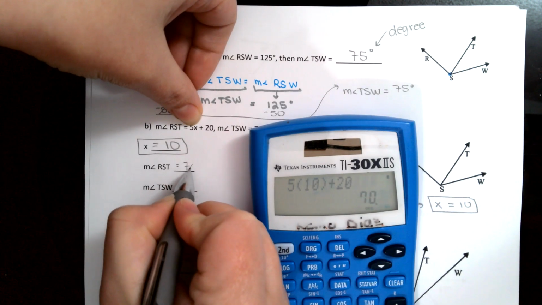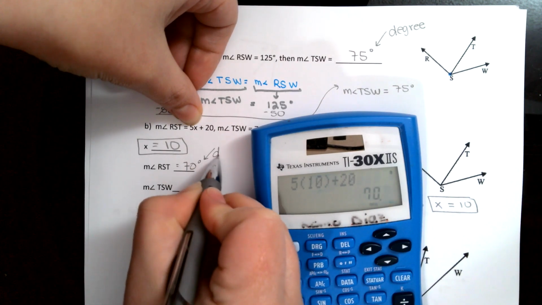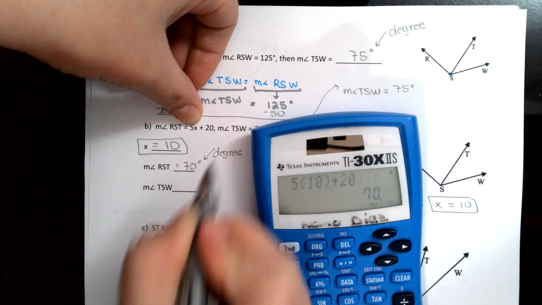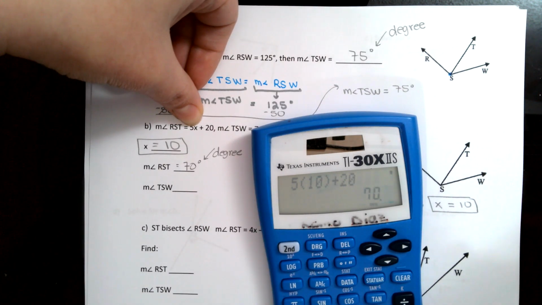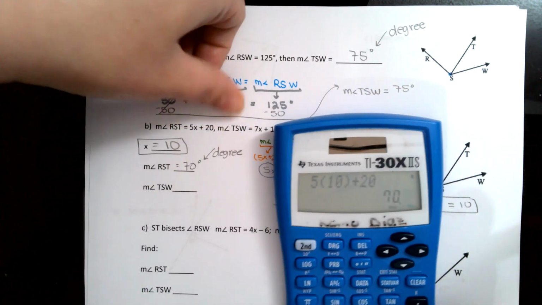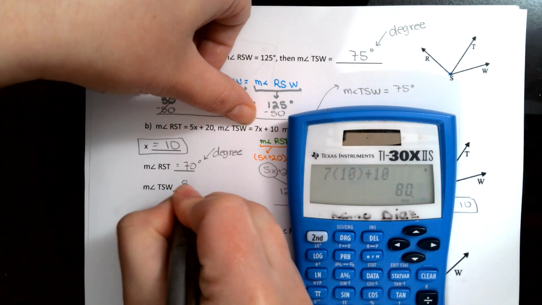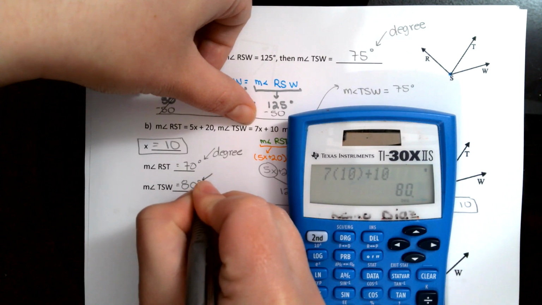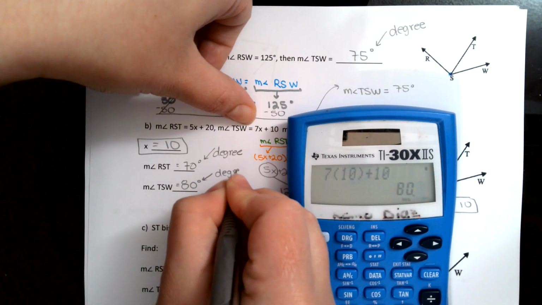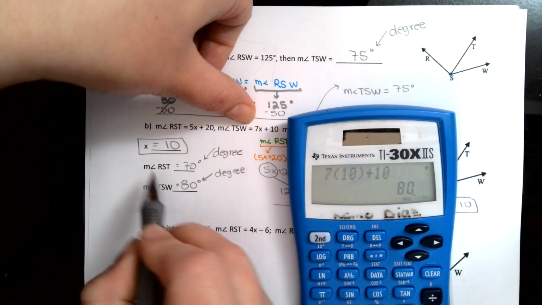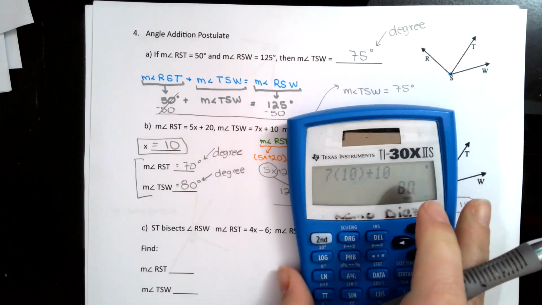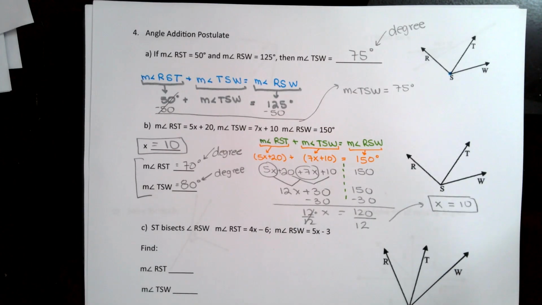Now, with this 70, you want the degree symbol because we are asking you for the measurement of an angle. So the measurement of an angle needs to have degrees. And then TSW, 7, open parenthesis, 10, plus 10. And we get, again, 80 degrees. Make sure your degree symbol is here. Do not put degrees on x unless it is an angle measurement.